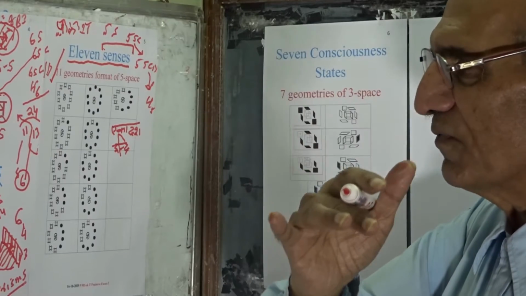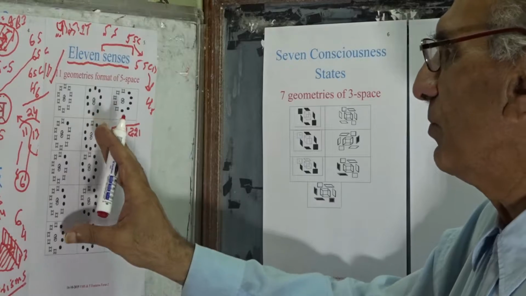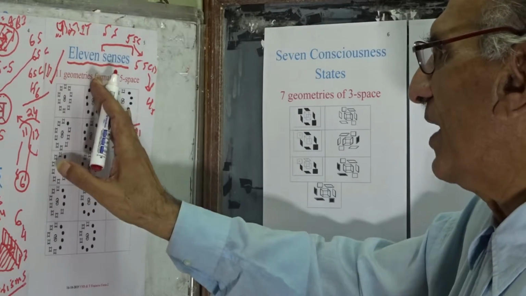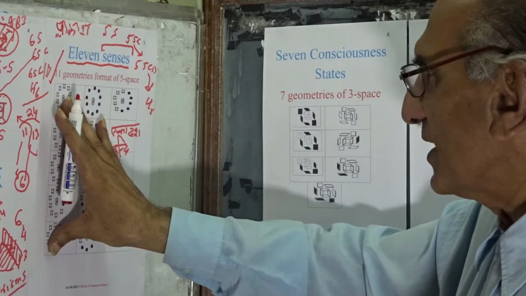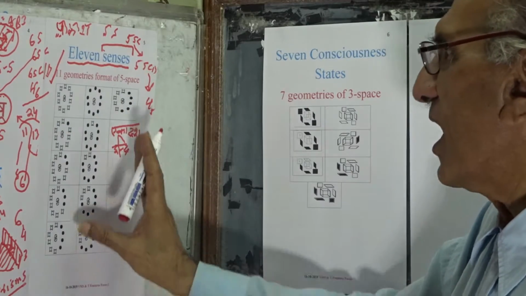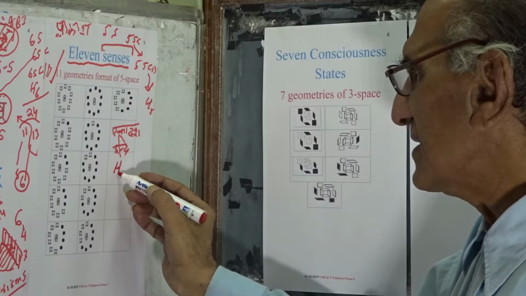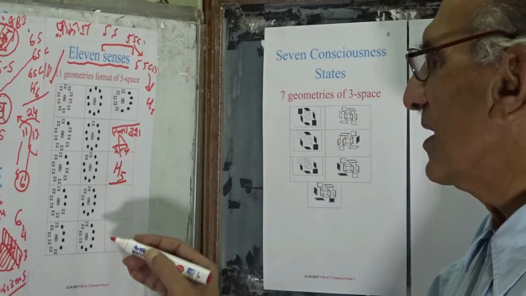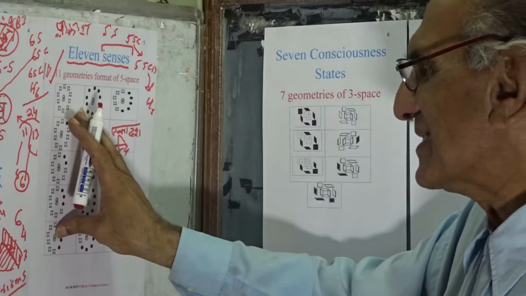The existence phenomenon at the senses level of the human body is of the format of 11 geometries of 5 space. These 11 geometries of 5 space manifest the formats of 11 versions of hypercube 5. These 11 bodies as 11 geometric formats are the formats of the 11 senses.